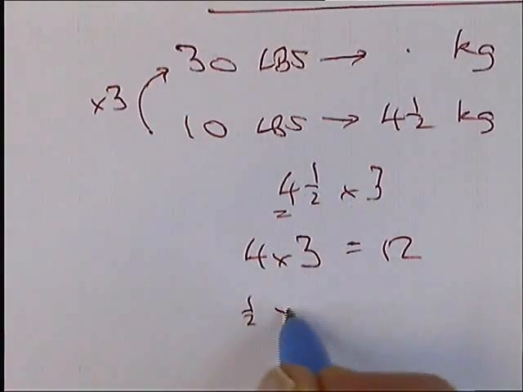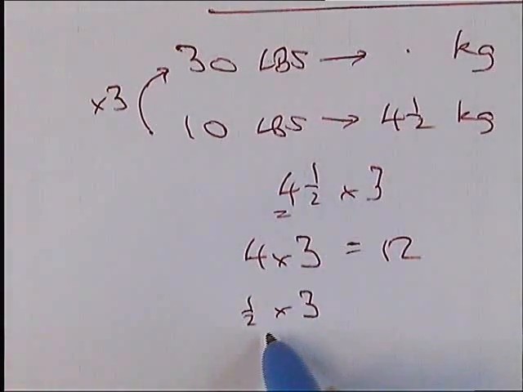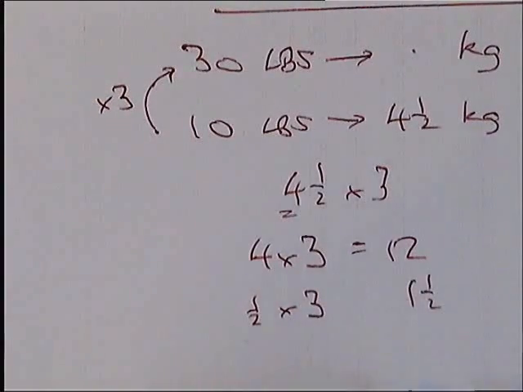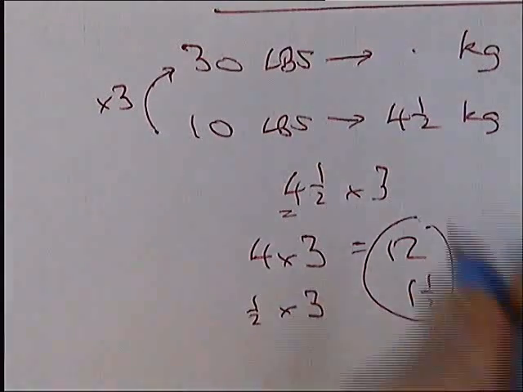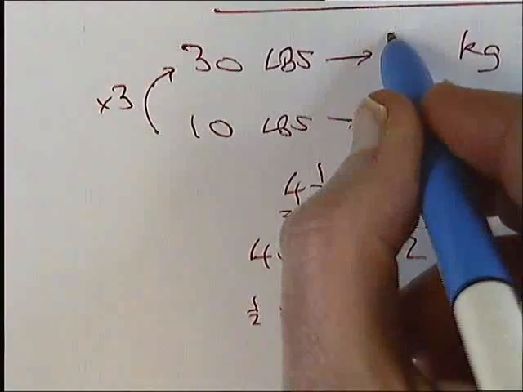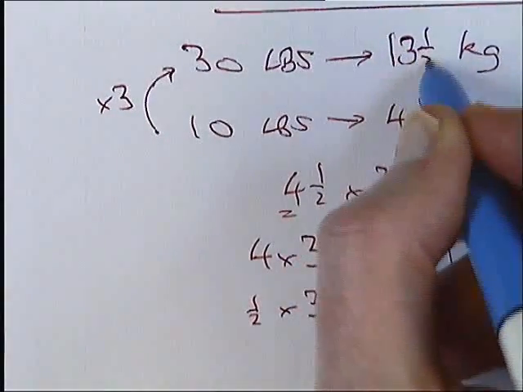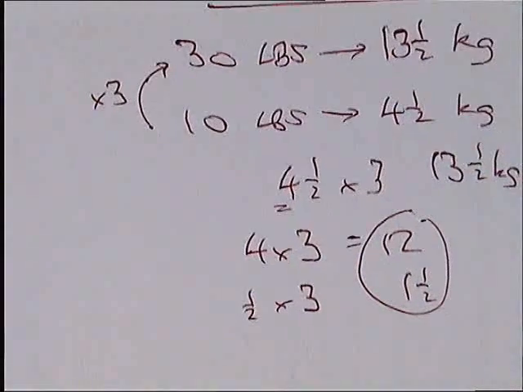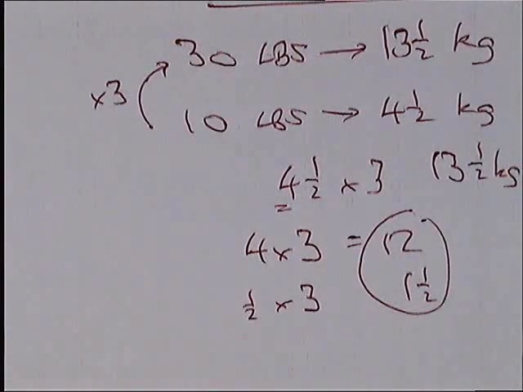Then you can do a half, 3 lots of that as well. And 3 halves, you get a half, another half makes a whole one, and another half makes 1.5. So 4.5 times by 3, put those together, it's 13.5. So that was the answer I could put in up here. So you can use conversion graphs even if you're trying to find something that is off the scale.